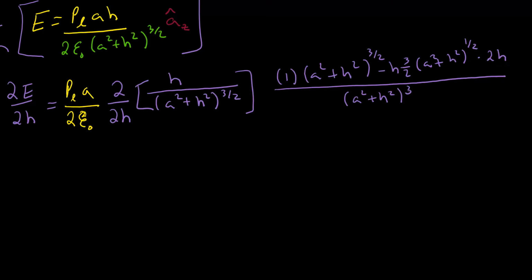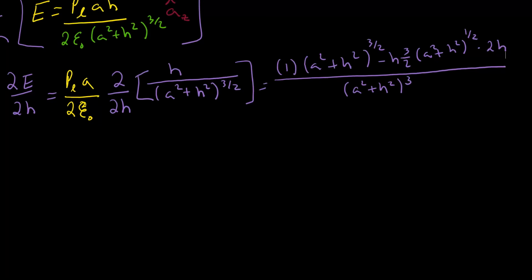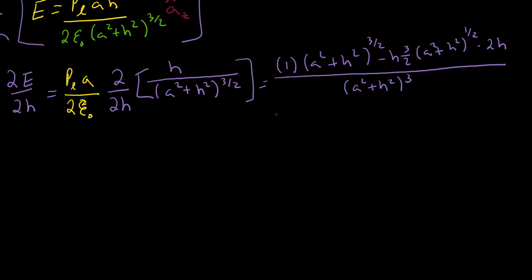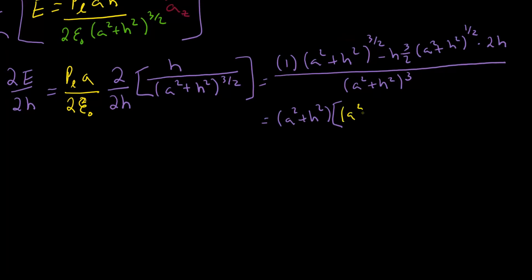Now I'll just try to do some stuff and see what I can do. I can take out the 1 half power. So it's going to equal (A squared plus H squared) to the 1 half, right? Now we have the 3 halves and the 2H, so that becomes 3H.